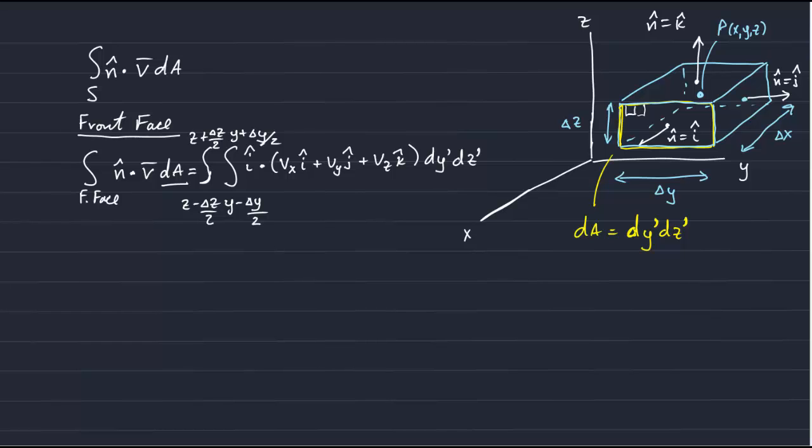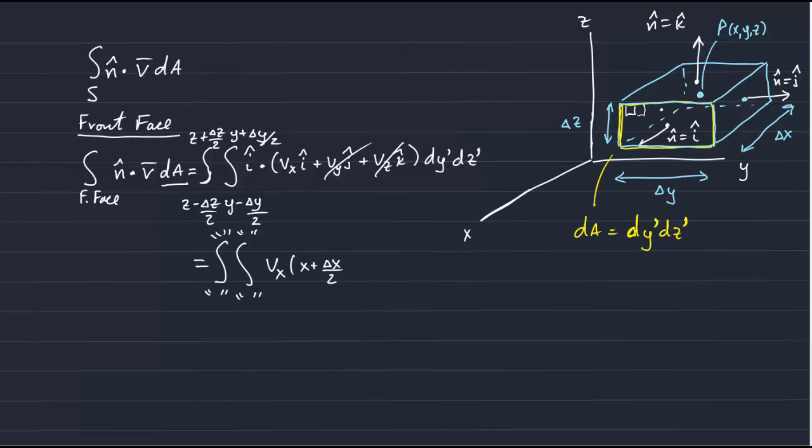And when we do that, again, the only term that matters here is the component of V that's perpendicular to this face. So these terms drop out. So I'll rewrite this integral, again over the same interval. I'm just not going to rewrite that to save a little bit of space. And it's Vx at point x plus delta x over 2, right?